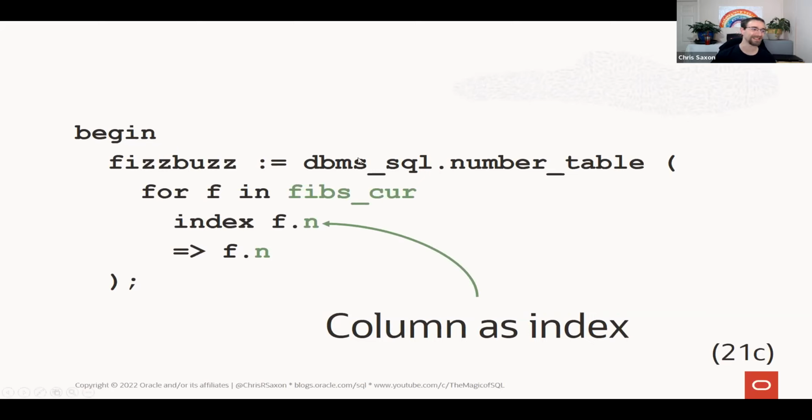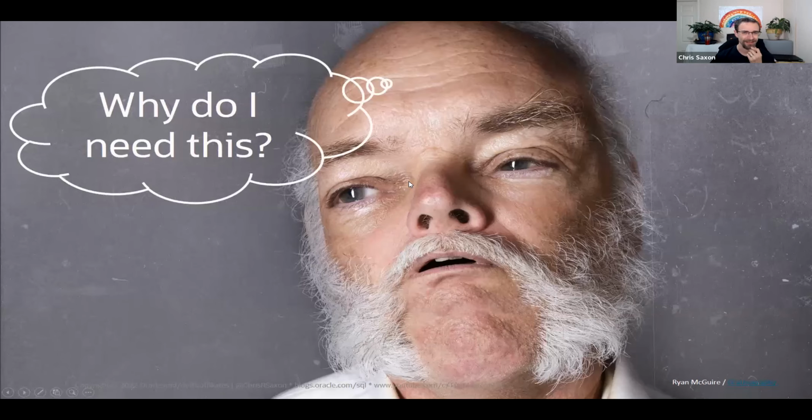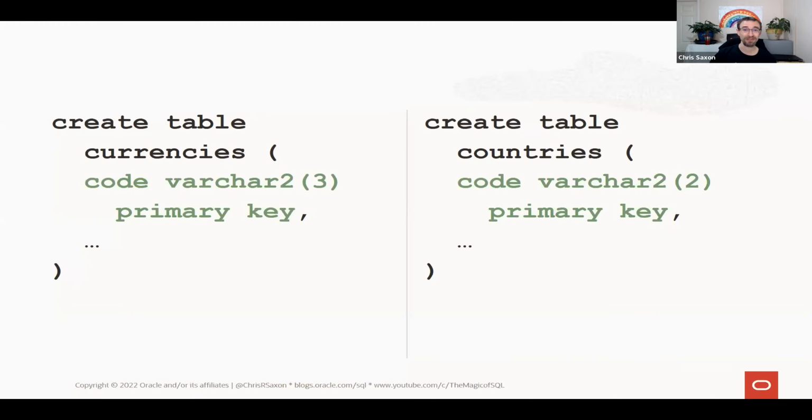Ooh, really neat. Okay, neat, but I'm sure some of you are watching this and going, well, okay, I still don't see the point here. I'm still not entirely sure why I would be doing this. What's going on here? What's the point? Well, you've almost certainly in your application got a whole stack of lookup tables, and some common ones include things like countries and currencies.